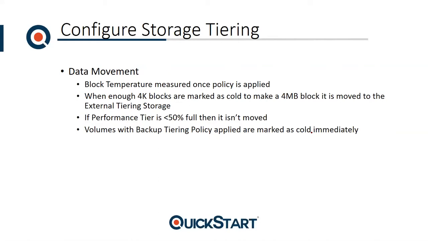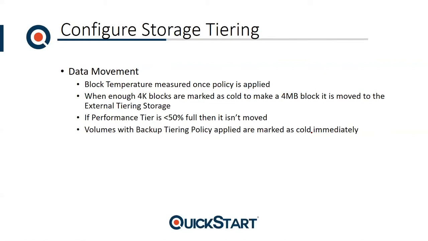And again, that marking as cold, the timer starts when I apply the policy. For the snapshot policy, it's 2 days that it will wait to move those data files over. For the auto policy, the default is 31 days. You can change that range. For the backup policy, it actually will move immediately.